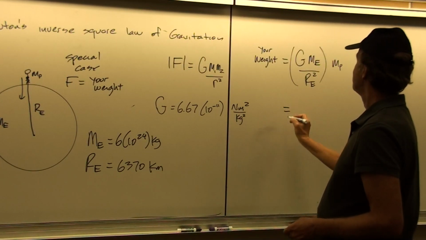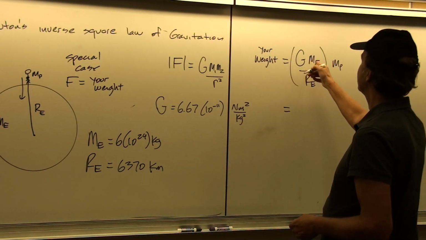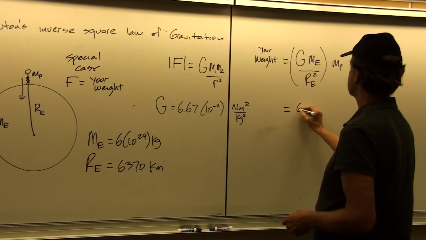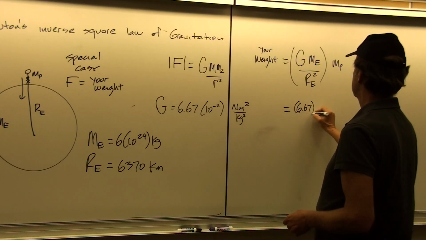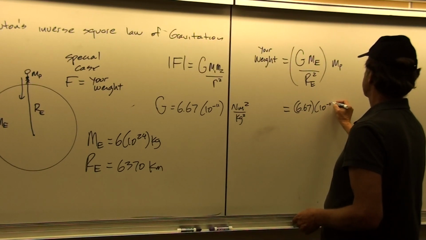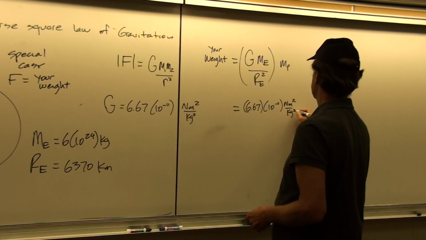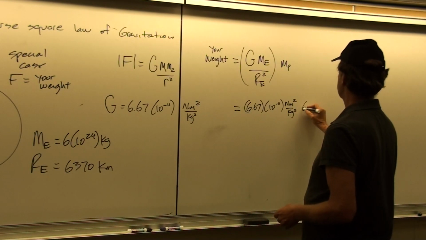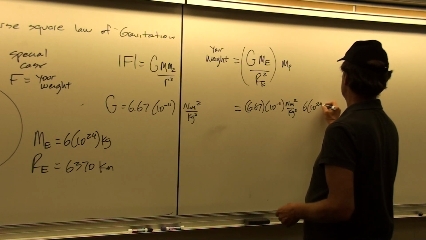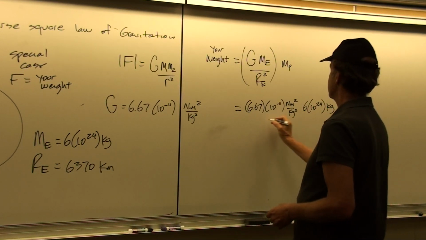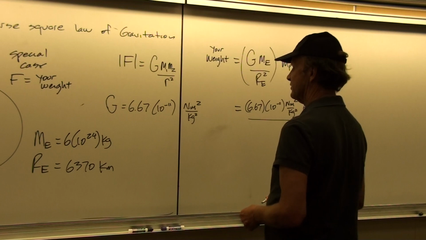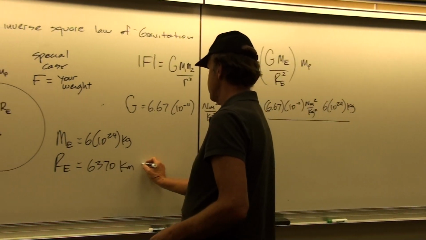Then we can multiply out these numbers. This gives us 6.67 times 10 to the minus 11 newton meter squared per kilogram squared, times the mass of the Earth, 6 times 10 to the 24 kilograms, divided by the radius of the Earth squared.